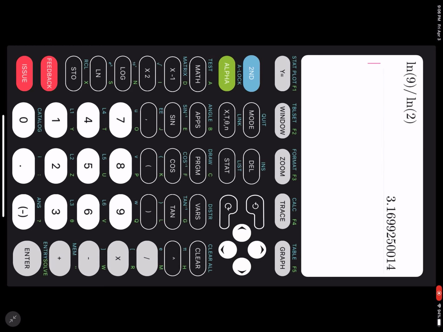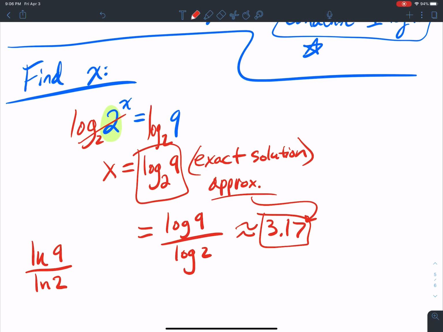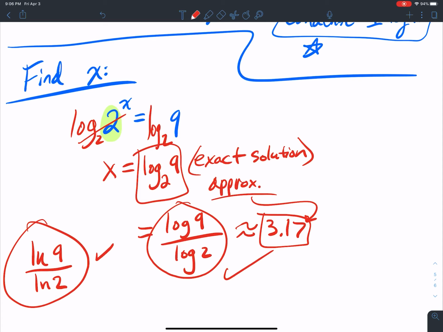Enter, and I get the same exact thing. So if you like using logs better, great. If you like using ln's better, even better. Okay, they'll both get you the same thing.